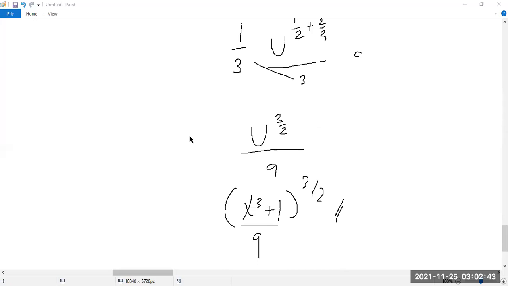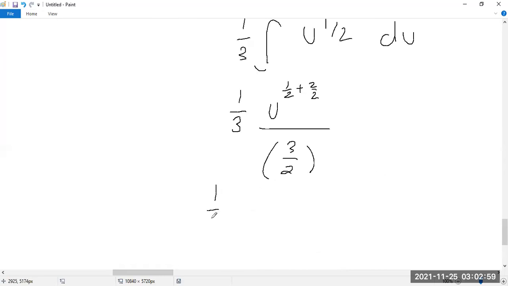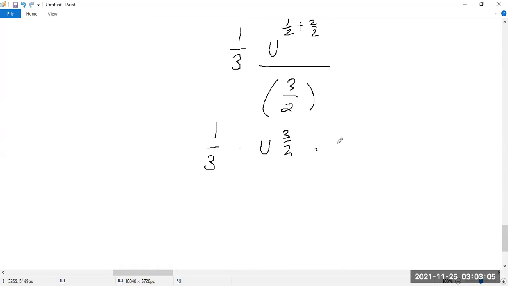Let me go ahead and back up a little bit. We were doing 1 over 3, and then u to the (1/2 plus 2/2), which is 3 over 2. And then you have 1 over 3 times u to the 3/2, multiplied by the reciprocal, which is 2 over 3.